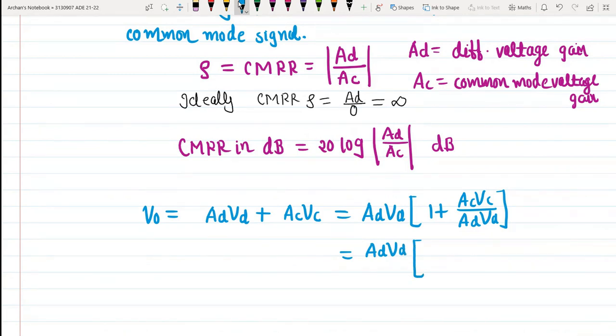Okay, so now our output is 1 plus, what is CMRR? CMRR is the ratio of AD by AC. So what I am doing, I am writing this term as AD by AC over here into VC by VD.